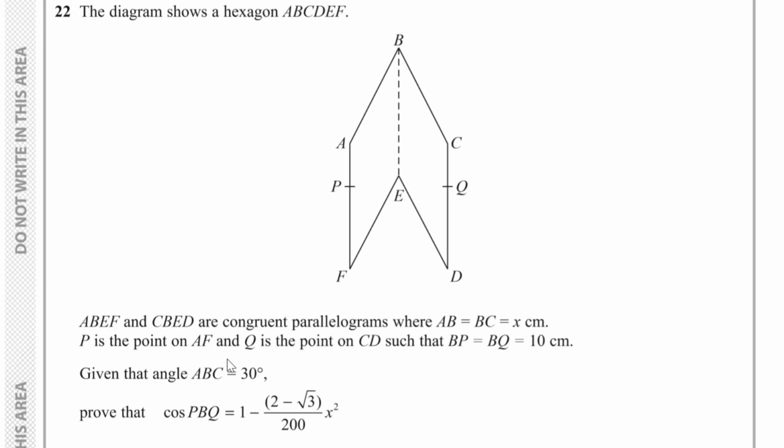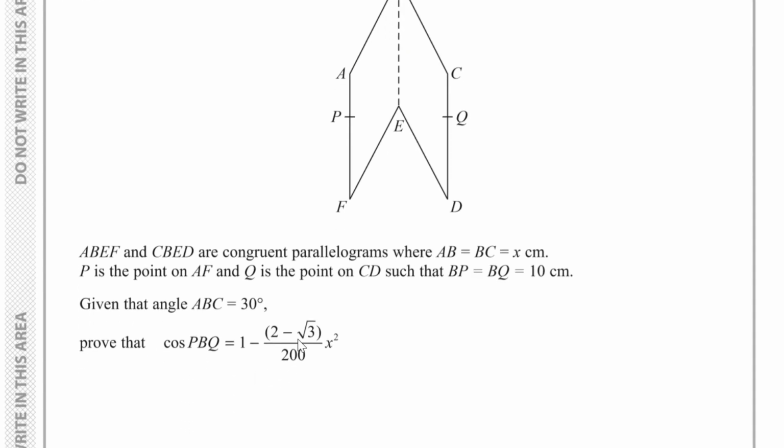Given that the angle ABC is equal to 30 degrees, we have to prove that the cosine of BPQ is equal to 1 minus 2 minus root 3 over 200 multiplied by x squared.